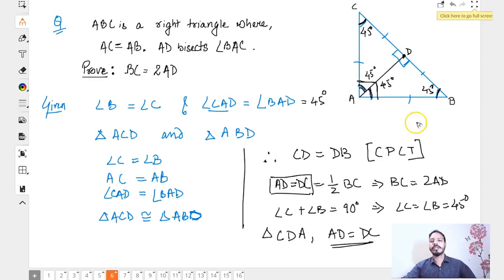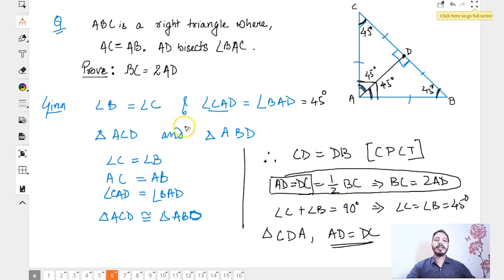Because this is an isosceles triangle. Now once I can say this, from here I can easily write this equation and I can say that BC is equal to 2 times AD. Okay? Okay, fine. So hope you understood it. So let's go to the next question, guys.